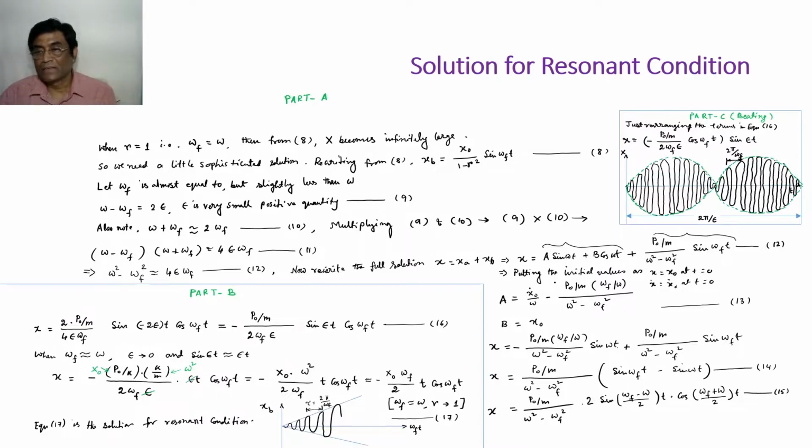Now putting the initial values, that is the boundary conditions, let us assume that at t equal to 0, x equals x0, and at t equal to 0, x dot equals x0 dot.